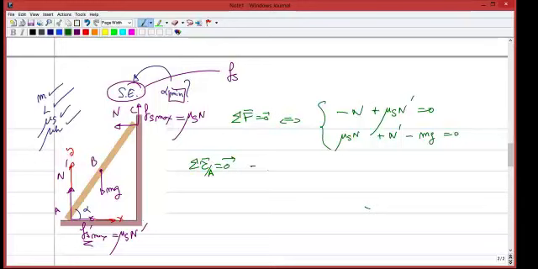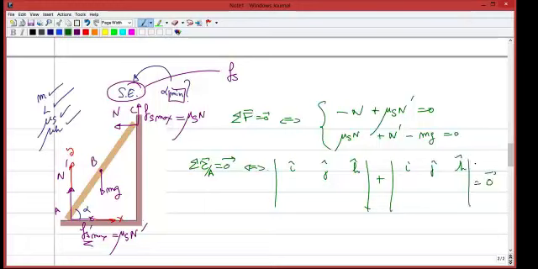Therefore, I only have to consider 3 torques. But again, N and μs N are applied at the same point. Therefore, they share the same position vector, which means we can combine those 2 matrices into one. Therefore, we really only have 2 torques. And that's it. Now the rest is math.